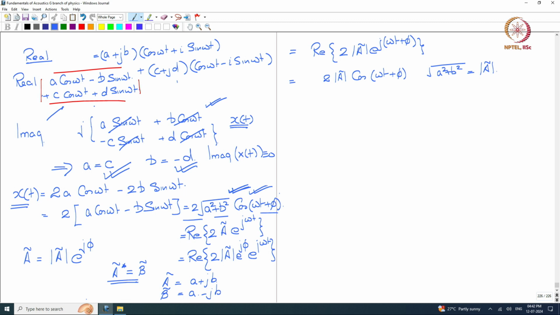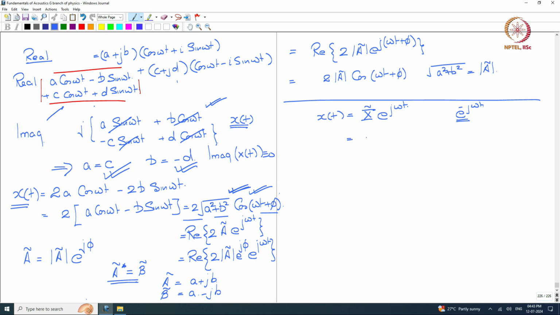Okay. But now we take only part of the solution x of t, as a complex number x tilde e to the power j omega t. We do not use the e to the power of minus j omega t. Then what happens?